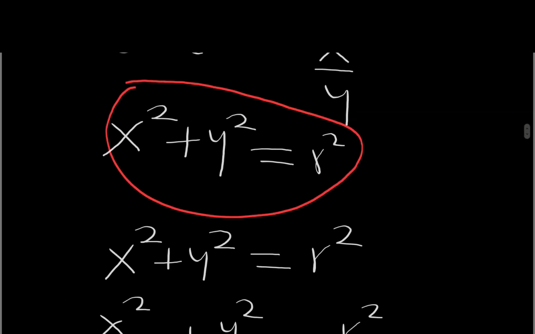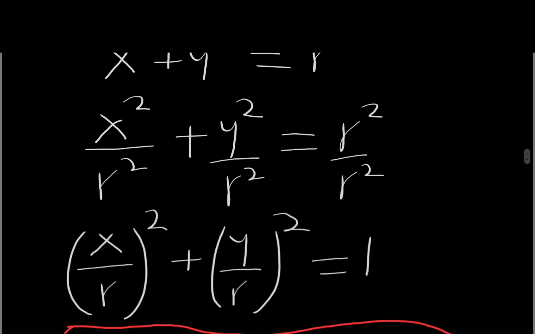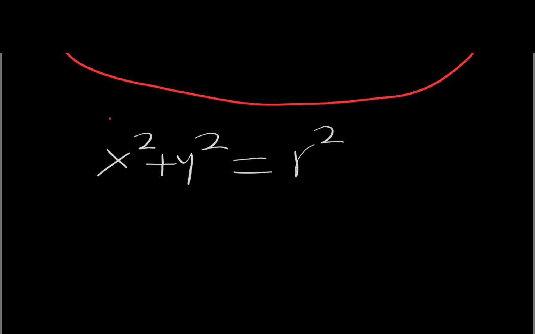Let's come back to our equation. So we have x squared plus y squared to be equal to r squared. Now let's divide each of the terms by x squared and see what will happen.